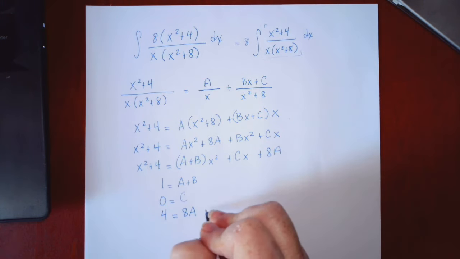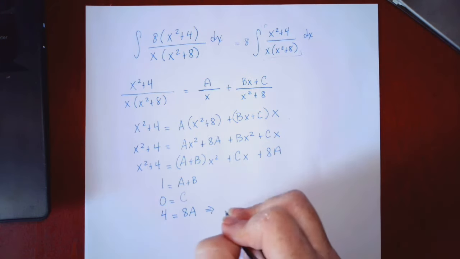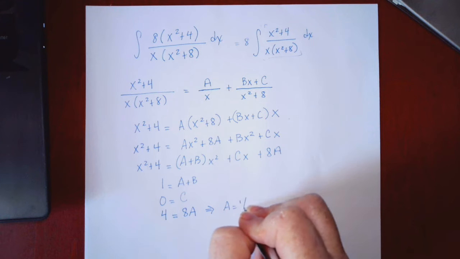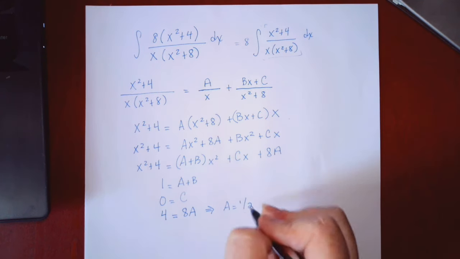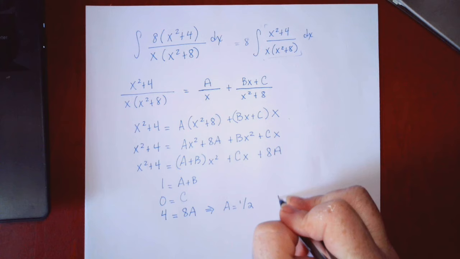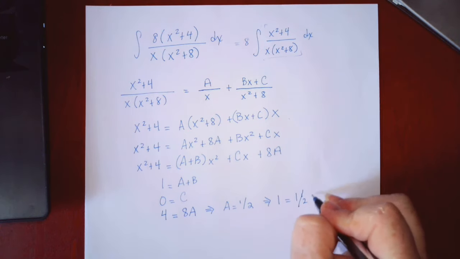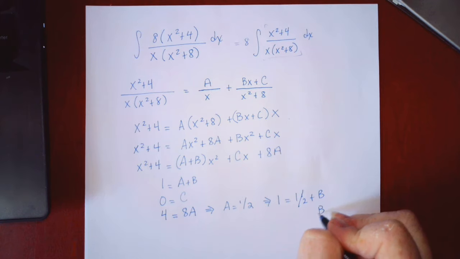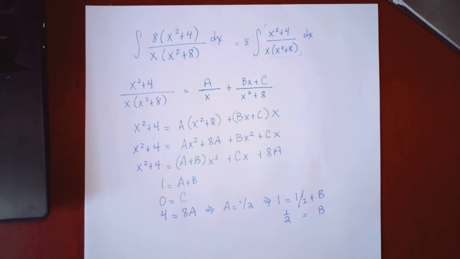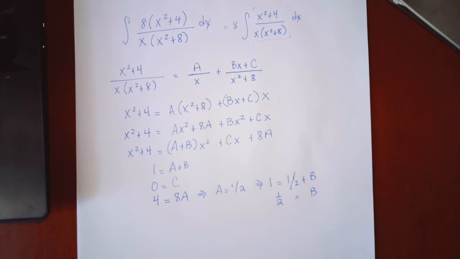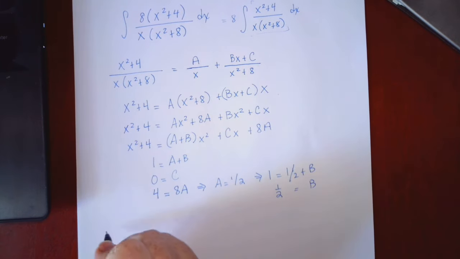So we know c is 0. This would indicate that a is 1/2. And if I plug that back into the top equation, I get 1 is equal to 1/2 plus b, so b is also 1/2.